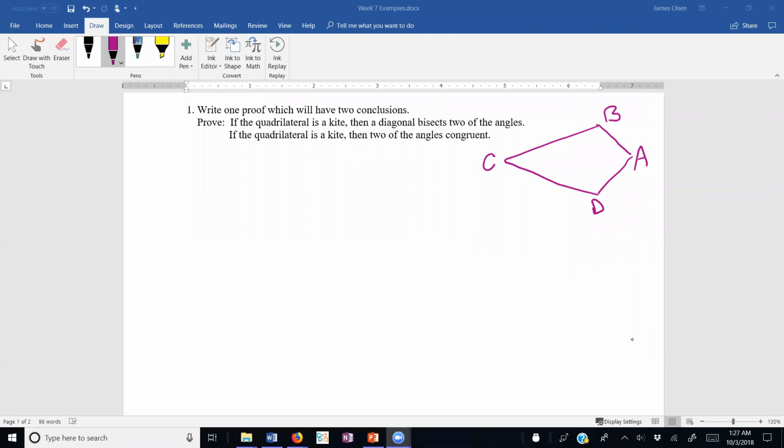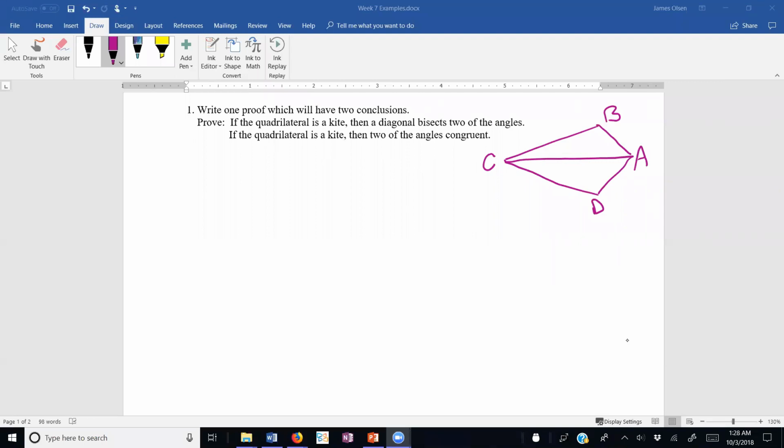Now the theorem states a diagonal, so I need to determine what that diagonal would be. If you experiment and put in segment BD, it does not bisect the angles, but segment AC will. So here's our diagram.